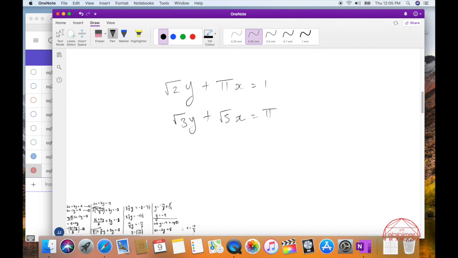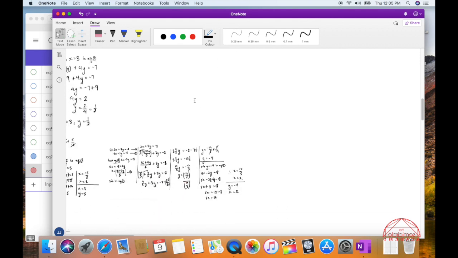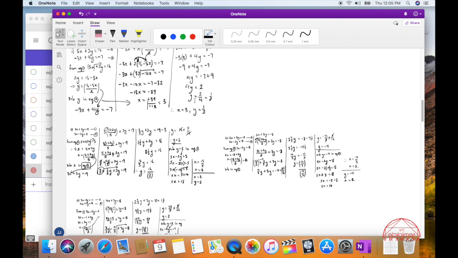Then you cannot use the other methods. The other methods might not help you out that well. The so-called quote-unquote easier methods will not work. For something like this, you would have to use your substitution method. So the substitution method is super important.